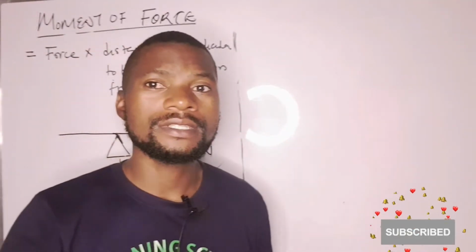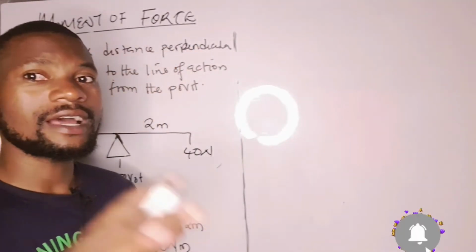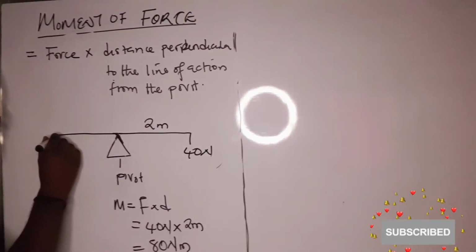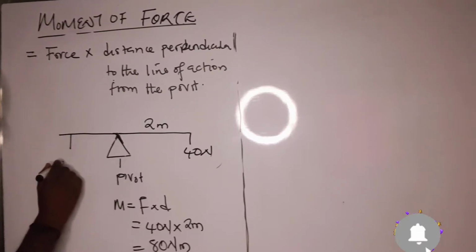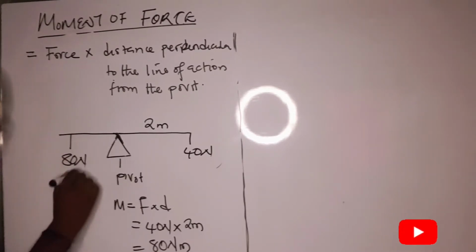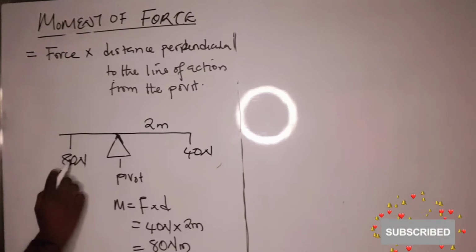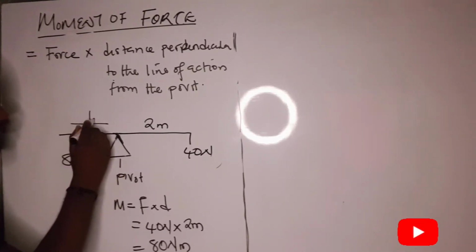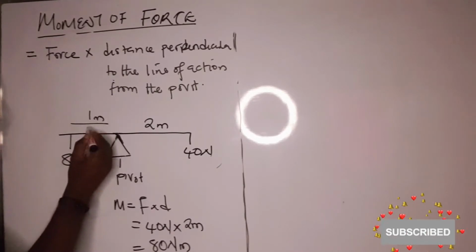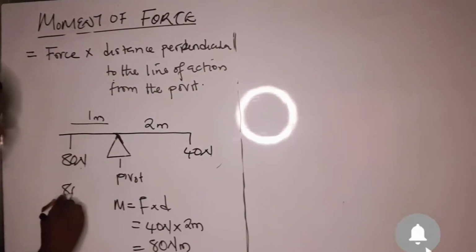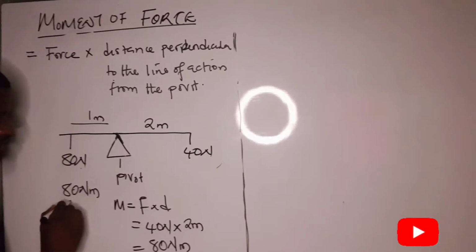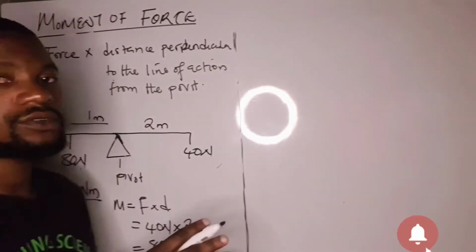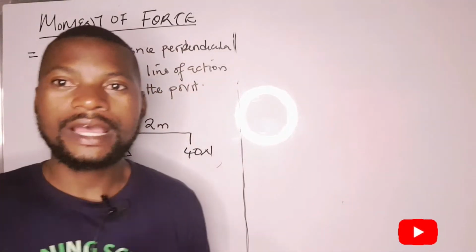Now, in the same scenario, if you suspend another force on this side, we say 80 newtons, and the distance from here to here we put as 1 meter. When you multiply this one and this one, you are going to have 80 newton meters. So what this simply means is that the moment of force on both sides is equal.